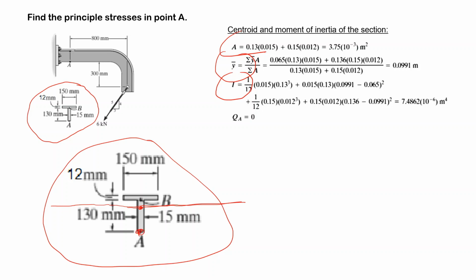For example, for point A, we will come to that point later, but since it is on the surface, the area when you draw a line through A is only 0 and your Q is 0 on the surface. Well, these properties of this section we need for stress calculations.